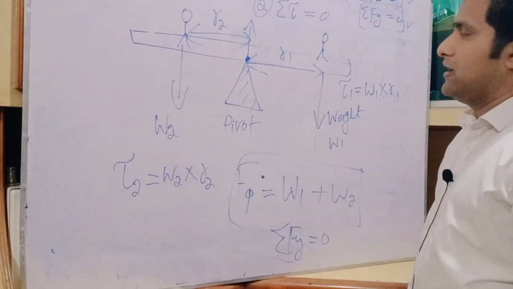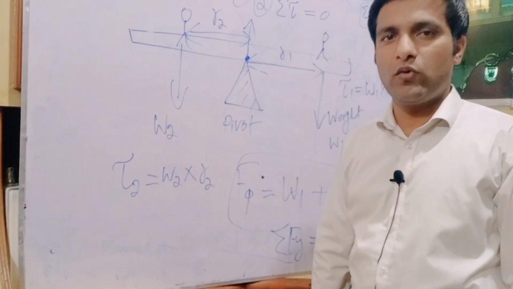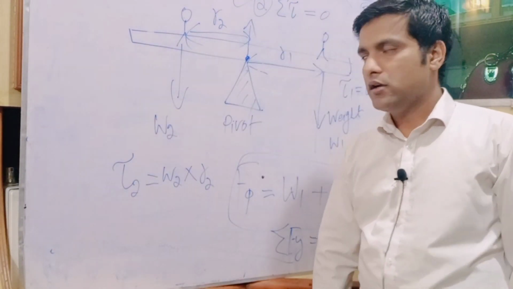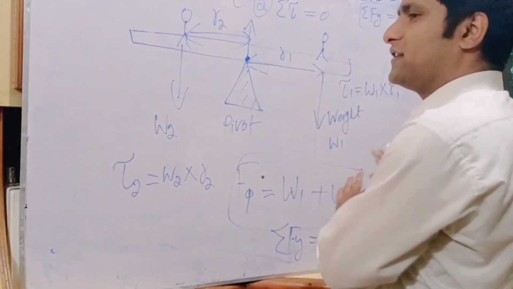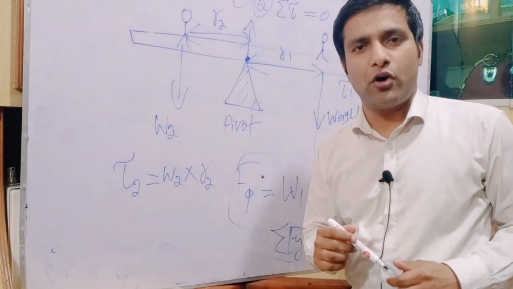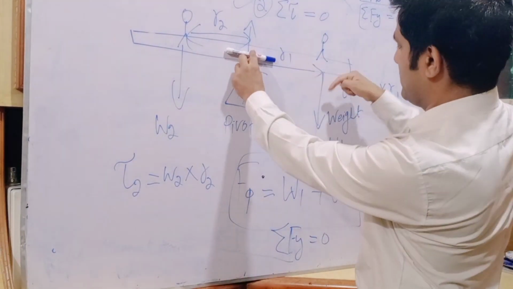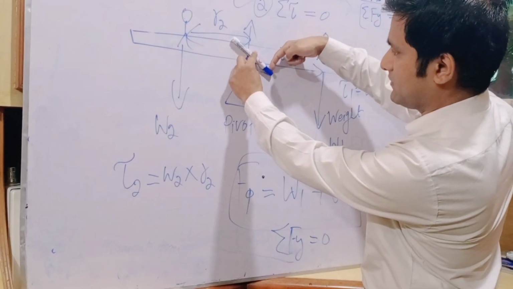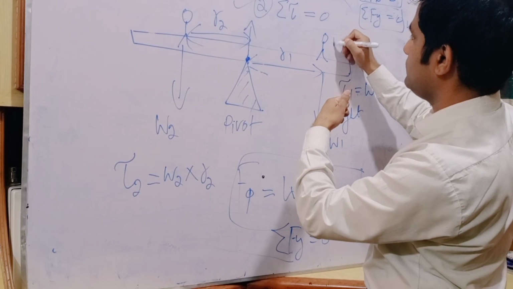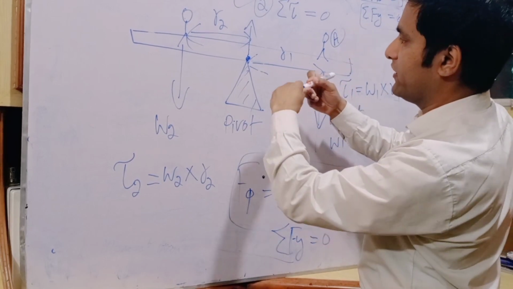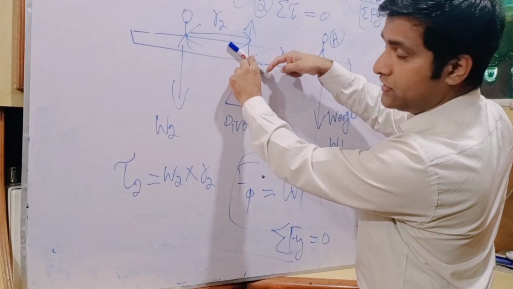Okay, let's move to the second condition. Sum of all the torques is equal to 0. What does it mean? It means that the sum of all the clockwise torques is equal to the sum of all the anti-clockwise torques. When child A sits over here, he applies force here, so the marker is moving to the right.